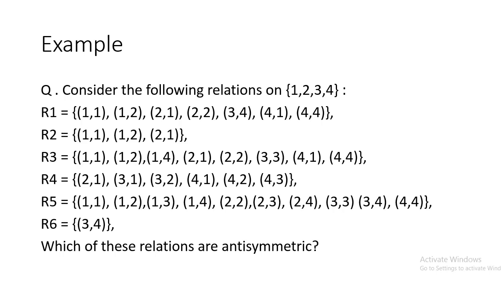Next, see here again the same example from our previous properties, like reflexive, symmetric, transitive. The same question is here: the following relations R1 to R6 are given, and the question is which of these relations are antisymmetric? See here the solution.